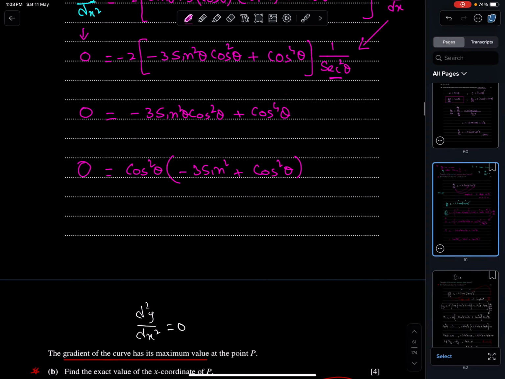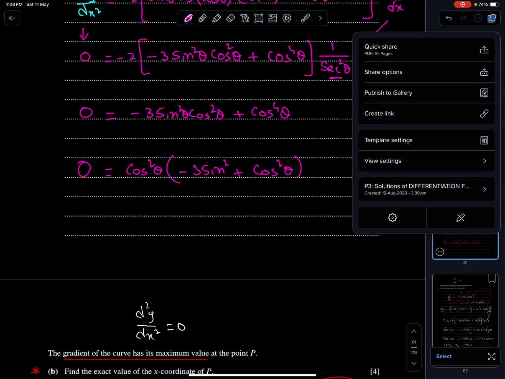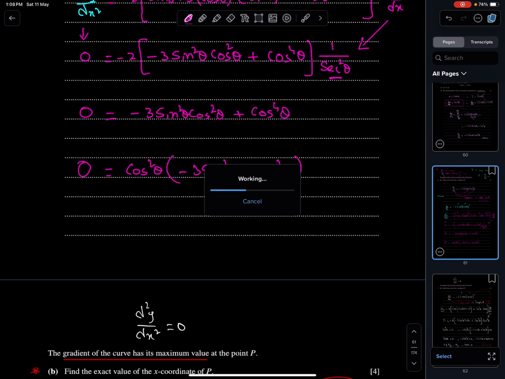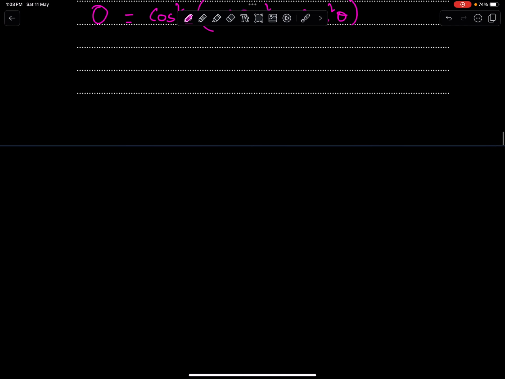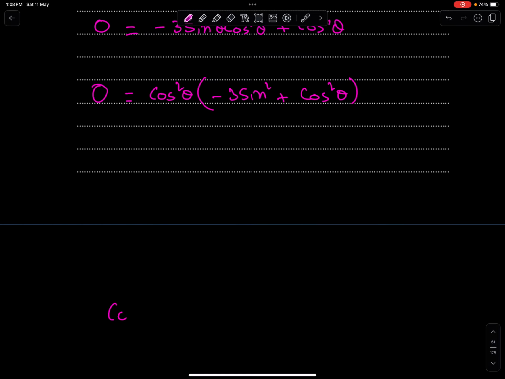Now here we have two possibilities: either cos square theta is equal to 0 or this bracket, minus 3 sine square theta plus cos square theta, is equal to 0.